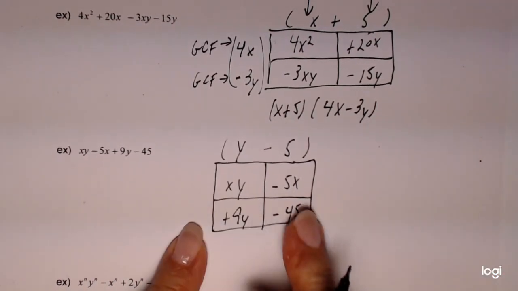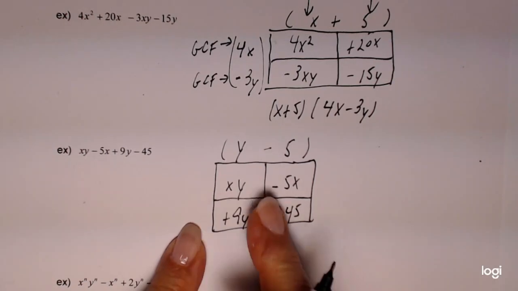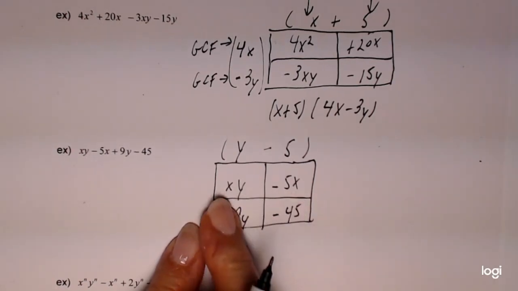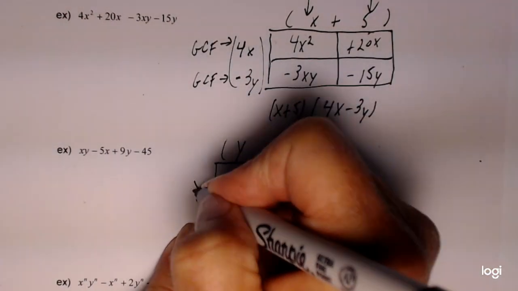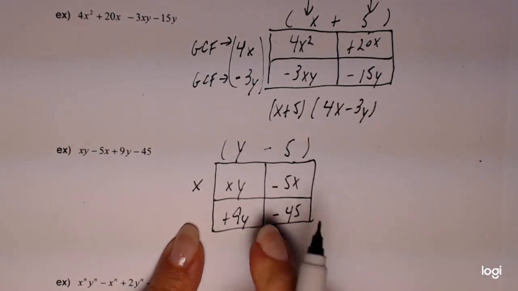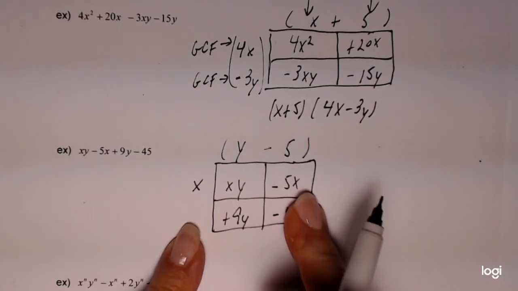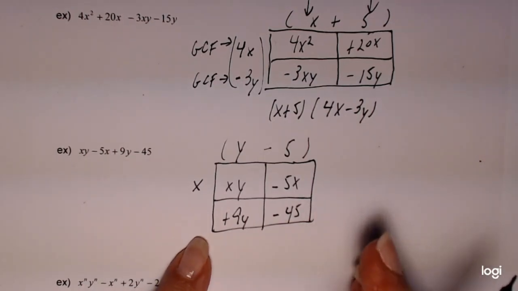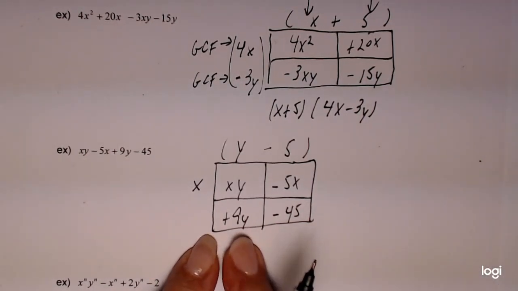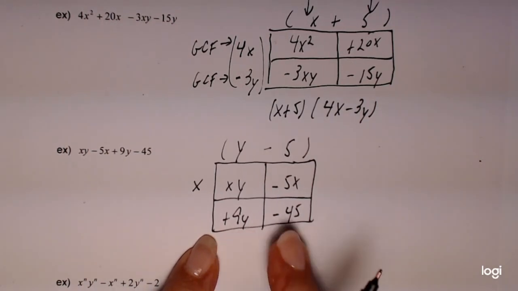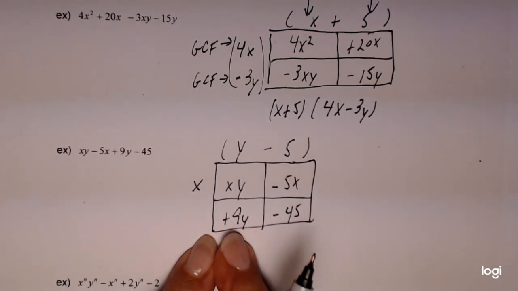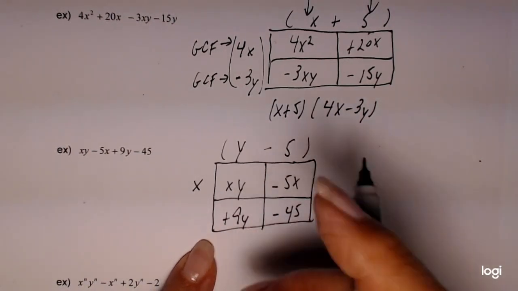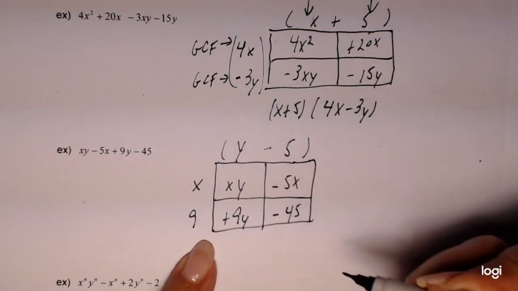Going across now, xy, negative 5x. x, so we can pull out an x, and that's it. This has a y, none y here. This has the 5, but there's no 5 there, so we're done. It's just the x. Moving down to this row, 9y and 45. 9 and 45, greatest common factor would be 9.